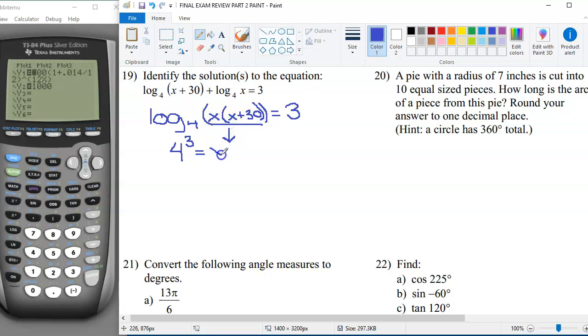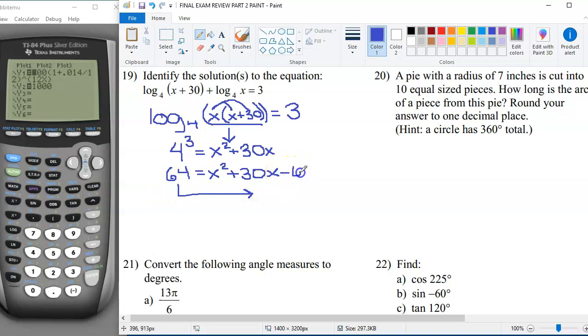Now, as I am writing it, I am going to distribute because I just don't like the way that is written. So I'm going to distribute the x all the way through there and there. 4 to the 3rd power is 64. And if I am trying to solve a quadratic equation, which is something we did way back in the day, but we can't forget how to do it, I am going to have to move the 64.